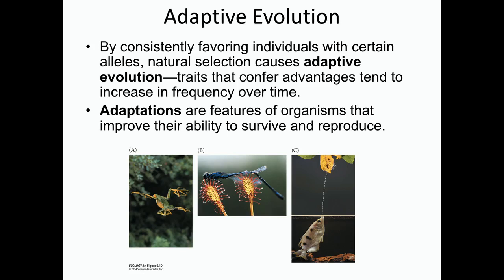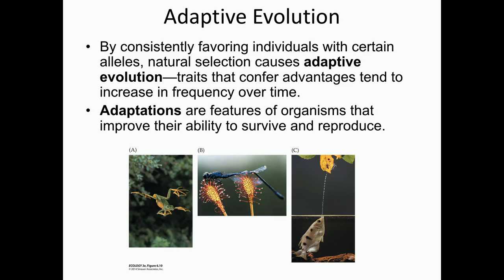Adaptive evolution leads to advantageous traits becoming really common in a population and can lead to organisms having these really neat features, like this frog that can spread out its feet and actually glide, like this plant that can actually capture insects and eat them, or like this fish, called an anglerfish here, that can actually shoot water from its mouth to knock insects off nearby branches. So there are some really interesting features that evolve through adaptive evolution.